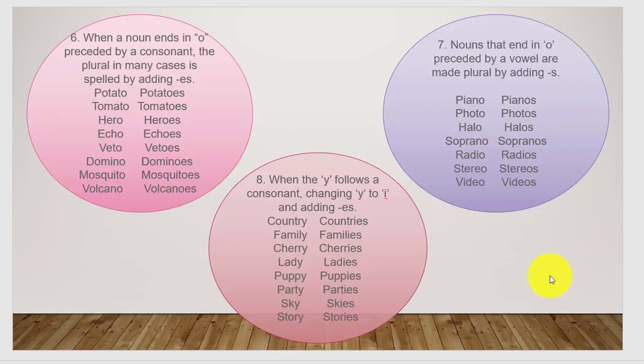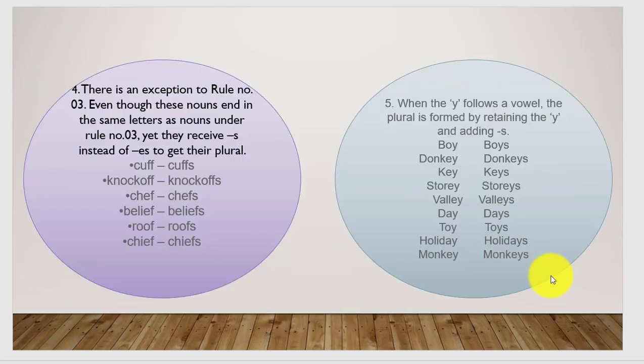But there is an exception to rule number 3. There are some nouns which end in f, but they do not get their plural by adding ves to the ending. We just add an s in order to get their plurals.